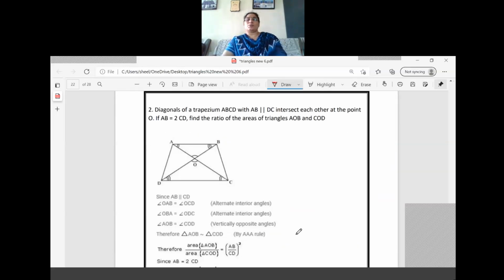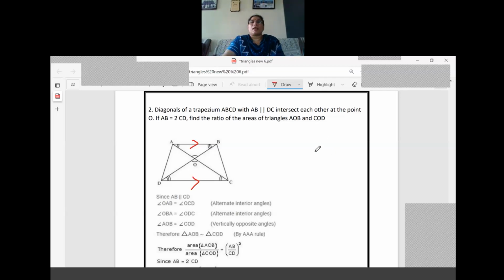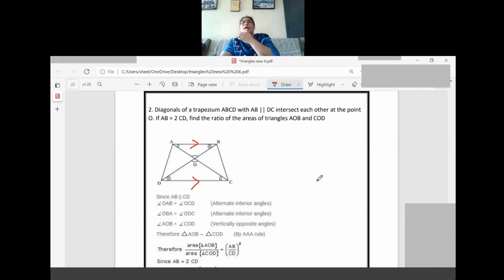Okay. The next question. Diagonals of a trapezium ABCD with AB parallel to DC intersect each other at point O. So I'll mark AB parallel to DC. If AB equals 2CD, find the ratio of the areas of the triangles AOB and COD.